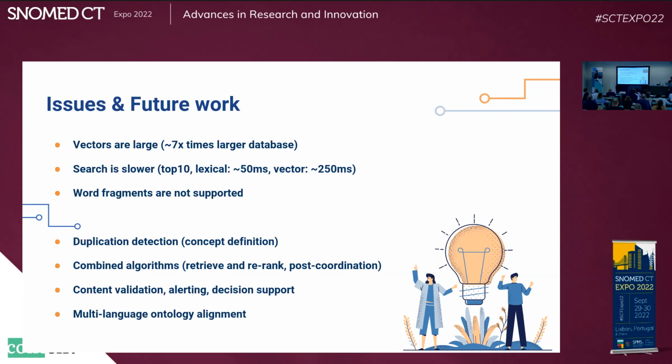You can try to find the similarity between the terms, but that relies on the descriptions and how they were entered. AI can help with that. There are combined algorithms we can use. Even post-coordination can be somehow baked into that. I just realized that by visiting one of the sessions this week. Content validation can be improved, and decision support can be improved with AI.